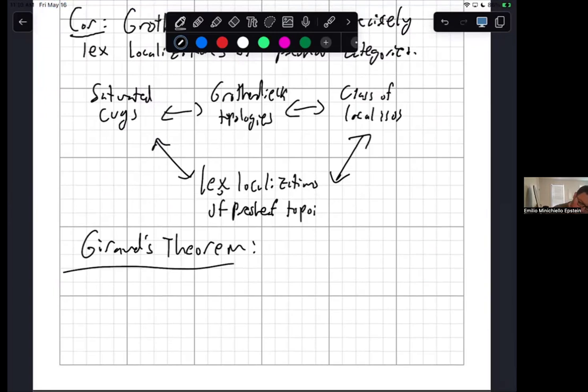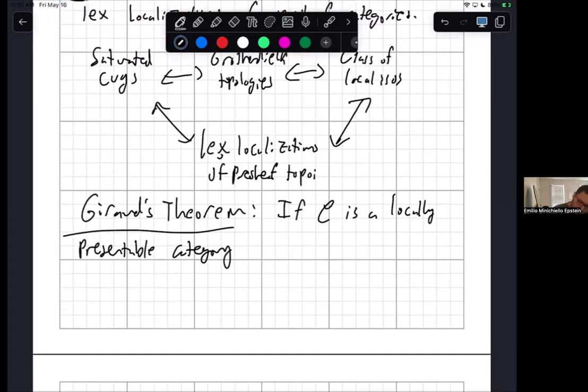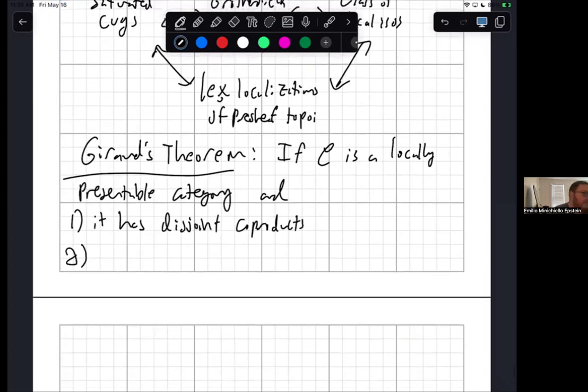And it says, if C is a locally presentable category and it has disjoint coproducts, I'll explain what all this means in a sec, universal colimits and effective equivalence relations.